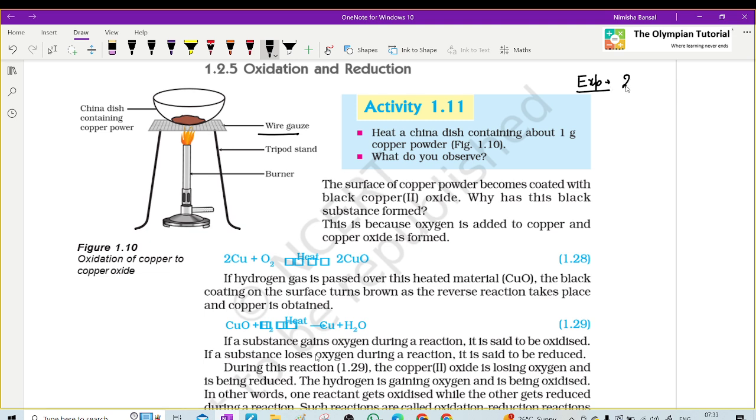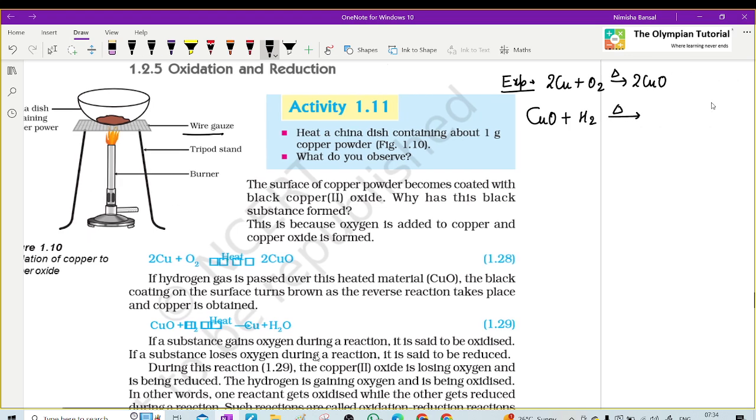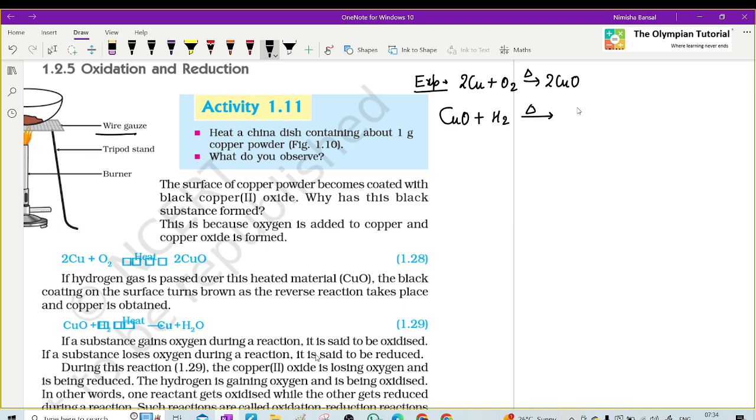In example, you can write 2Cu plus O2 gives, on heating, copper oxide. When copper oxide reacts with hydrogen, it will give copper separated and a water molecule formed. Okay.